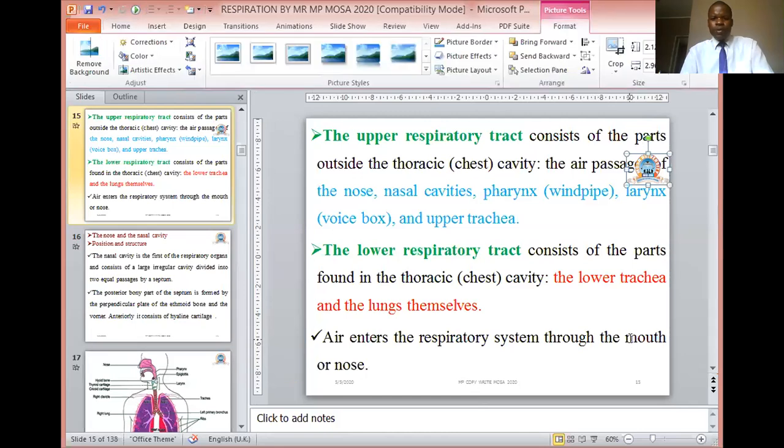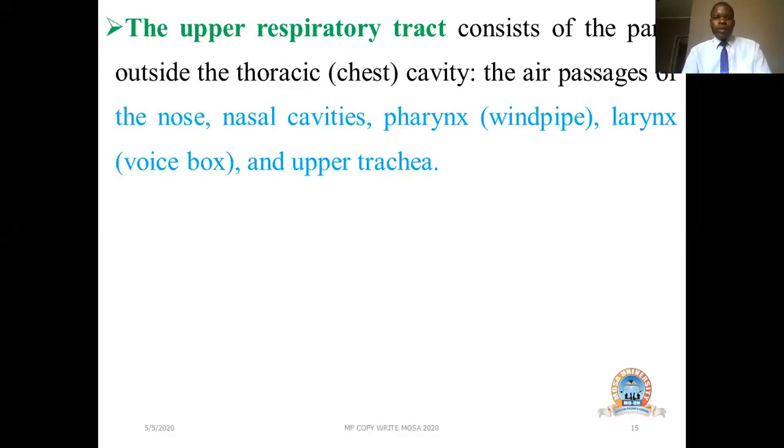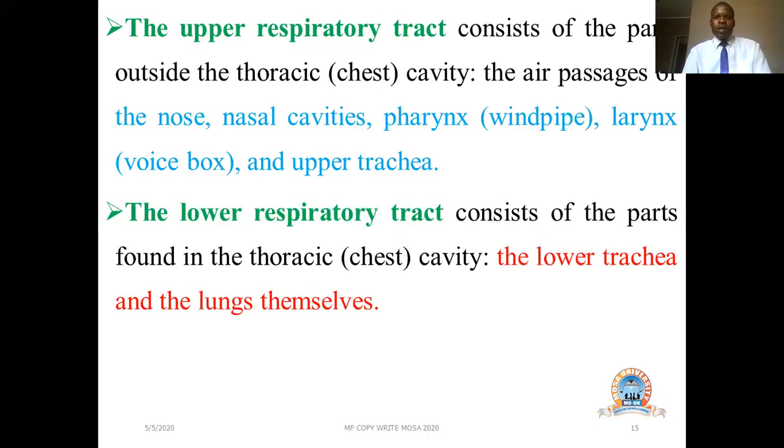The upper respiratory tract consists of the parts outside the thoracic cavity, that is the chest: the air passages of the nose, nasal cavities, pharynx, windpipe, larynx or voice box, and upper trachea.